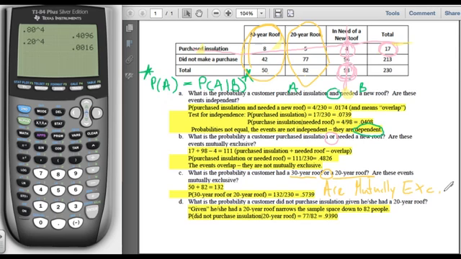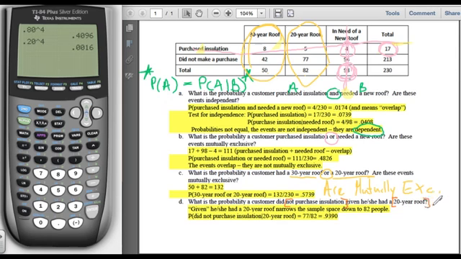Final question from this video. What is the probability a customer did not purchase insulation given he or she had a 20-year roof? Note in this problem, you have 2 categories: not purchasing insulation and having a 20-year roof.